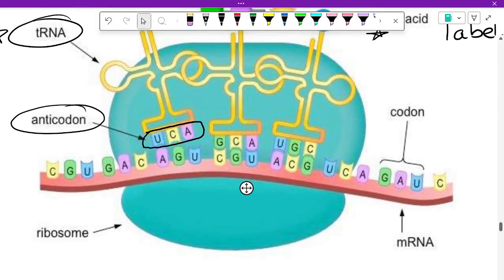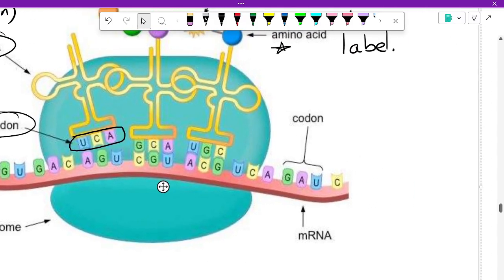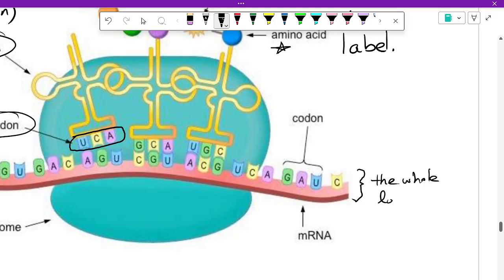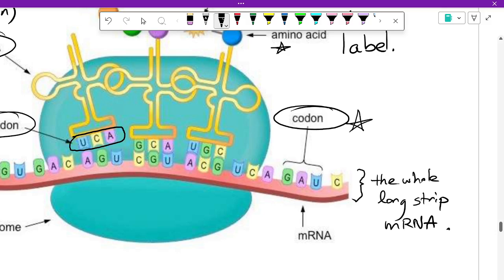But the better answer is mRNA. And I think if I put it on the test, I usually go the whole strip. Long strip. Yes, and you would label that as mRNA. You should know that the 3-letter code on the mRNA is called a codon.